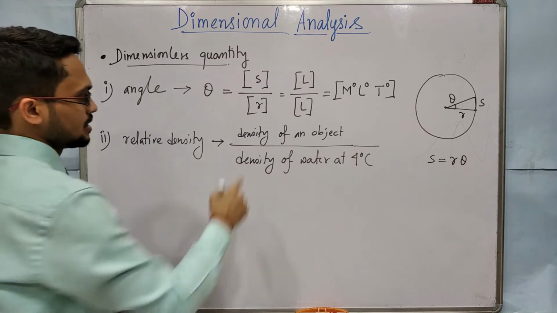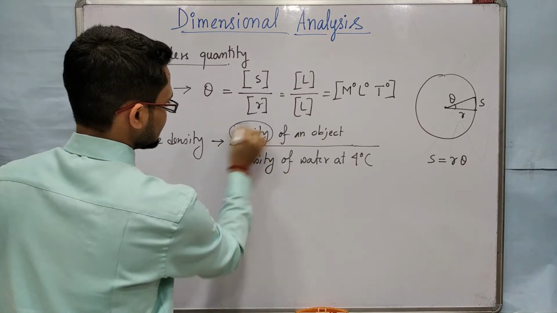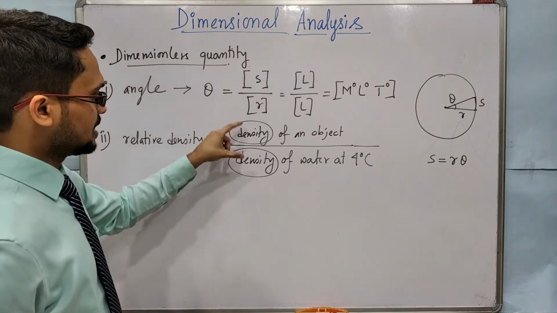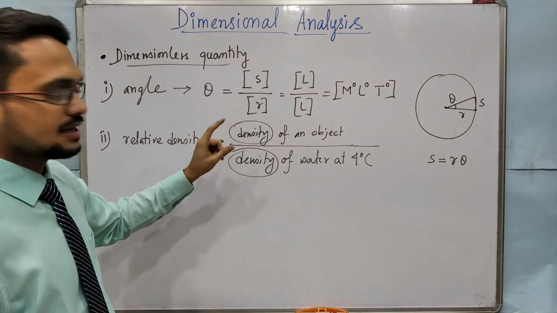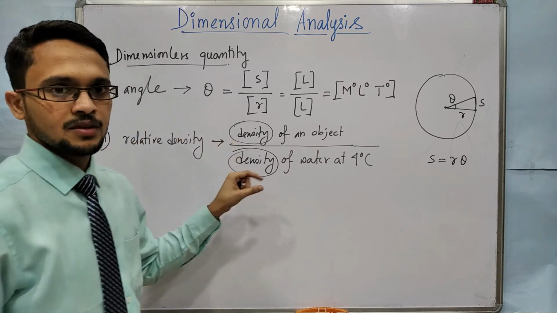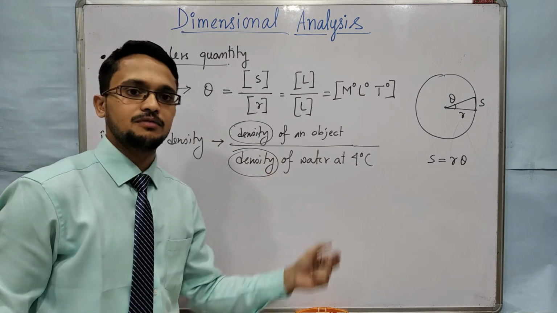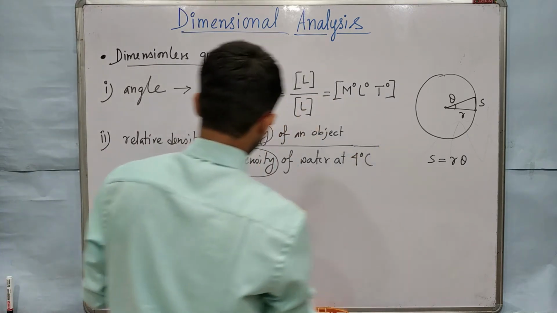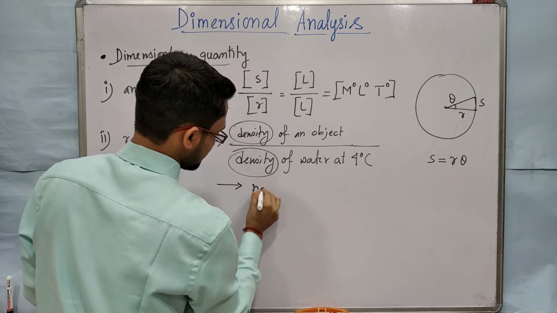So look here. In the numerator there is density, and in the denominator there is also density. So relative density is basically the ratio of two similar kinds of physical quantity. Okay, that means it has no dimension.